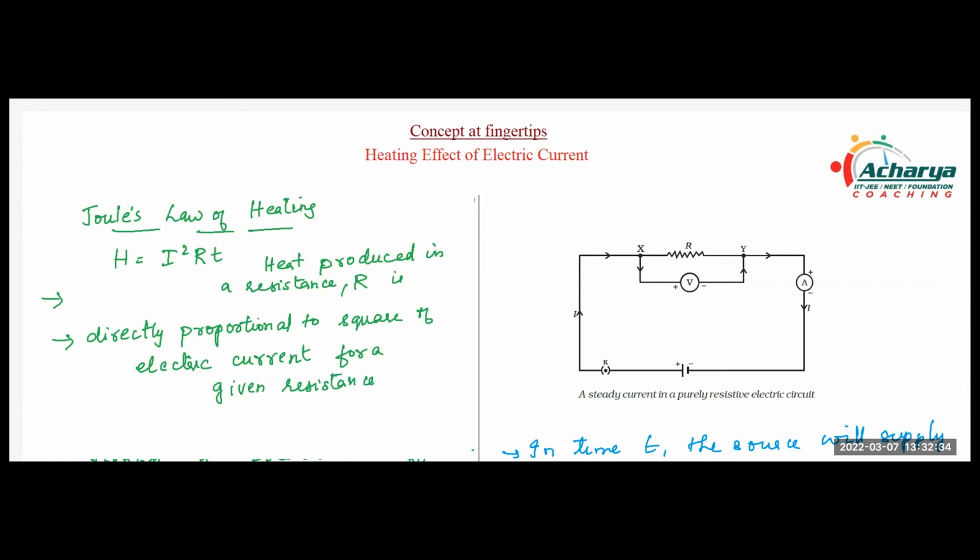This can be obtained from the above relation. The heat generated is directly proportional to, that is, H is directly proportional to I squared, for a constant resistance.